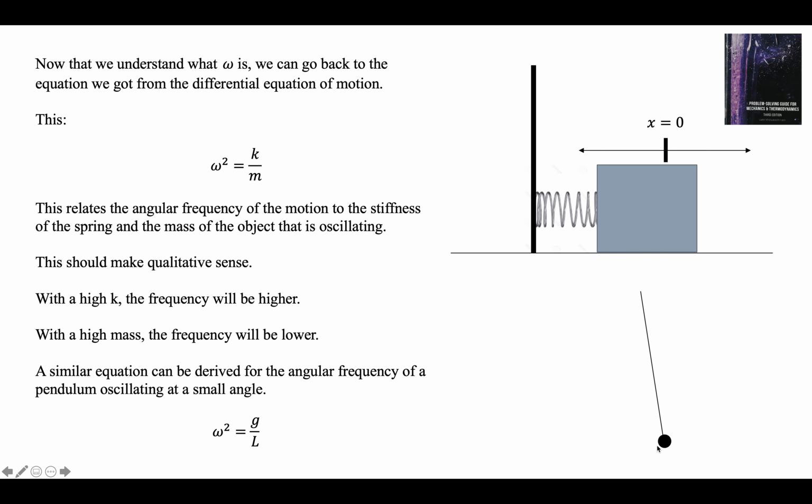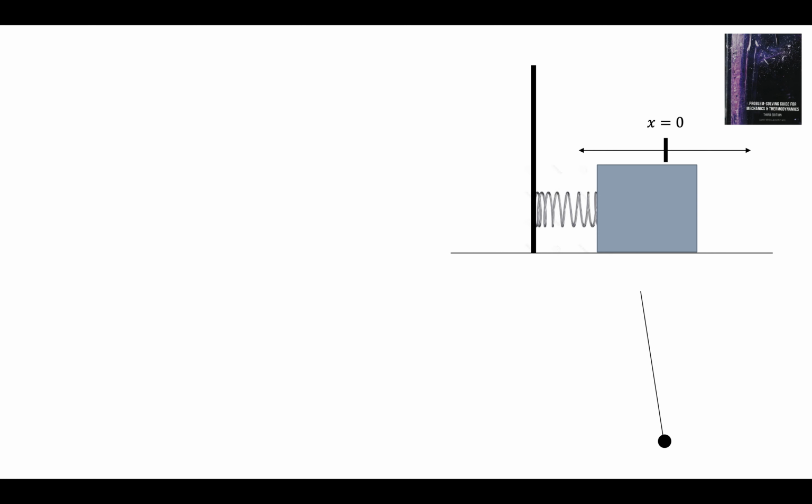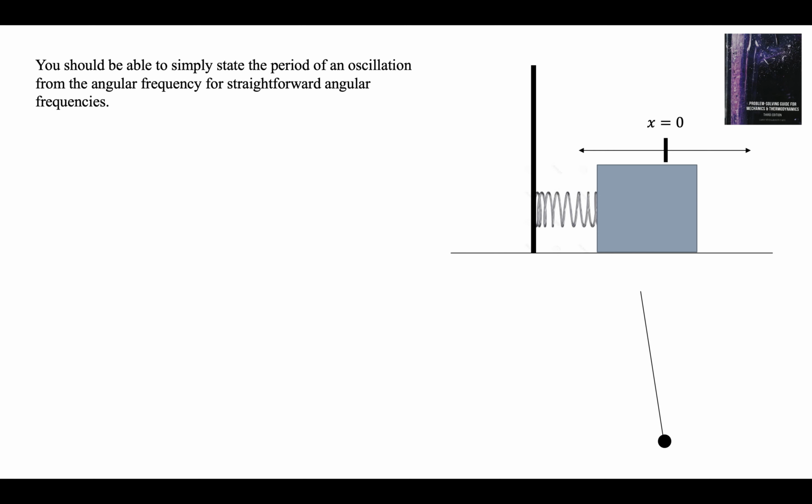On the moon, it's going to take a long time to go back and forth. And it's inversely proportional to the length. The longer the string, the lower the frequency. Long strings have low frequency.